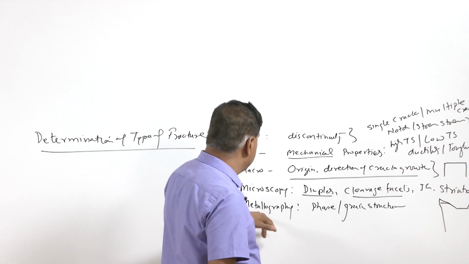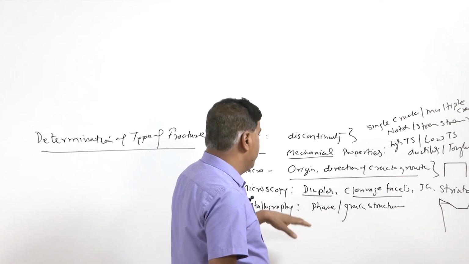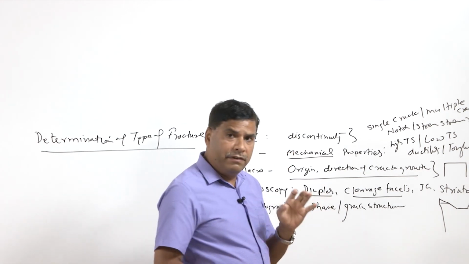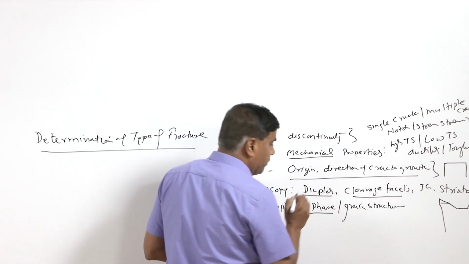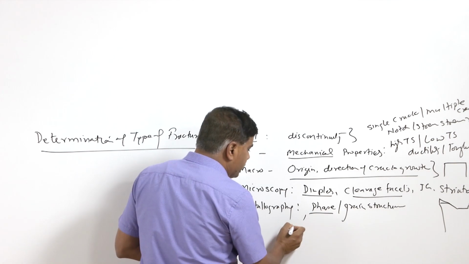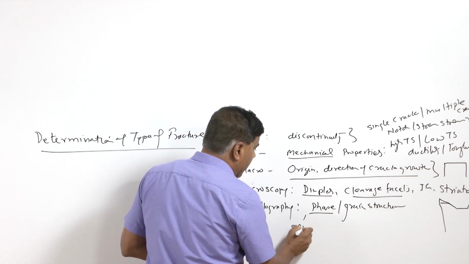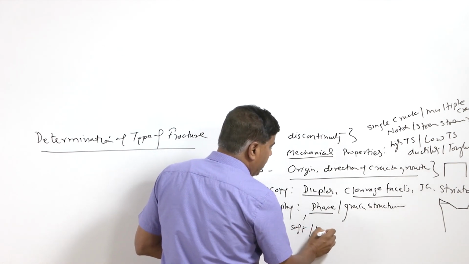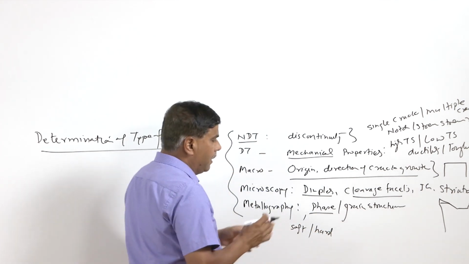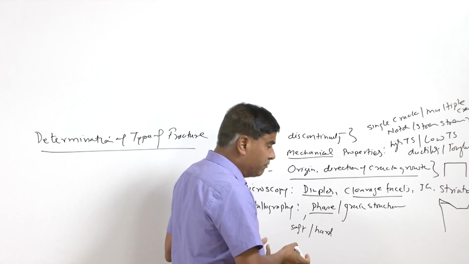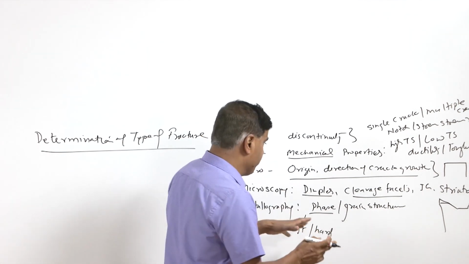And thereafter the metallurgy. From the metallurgy we will be able to know, in a given material, what the different types of phases are, whether these phases are soft or hard, or there is a mixture of hard and soft, or hard phases are present in a soft matrix, or vice versa.